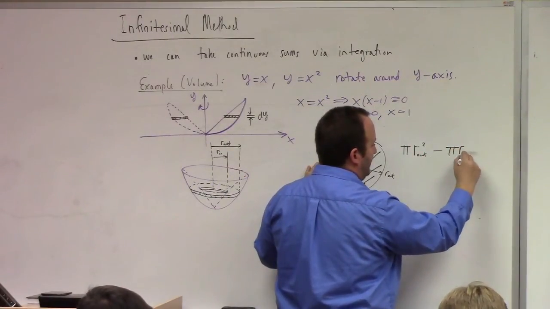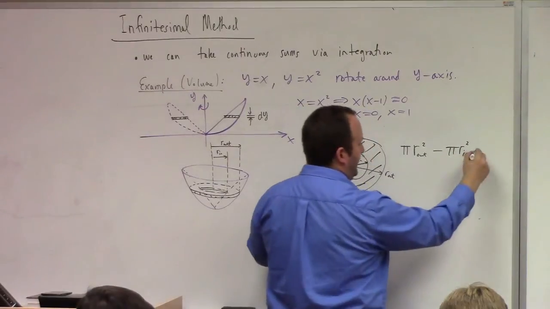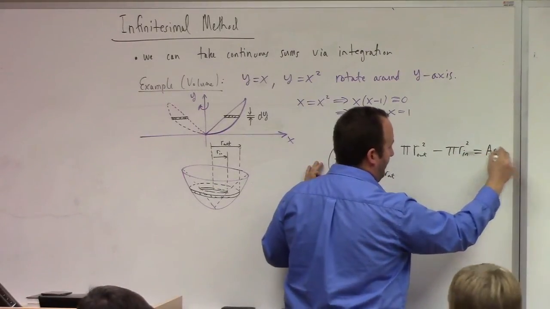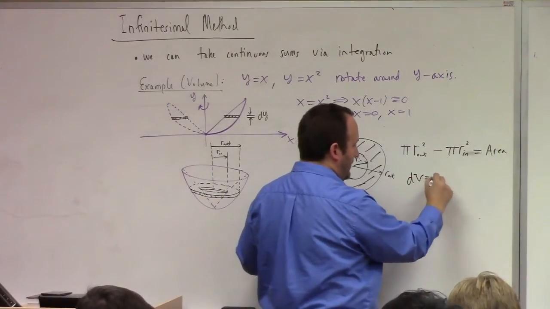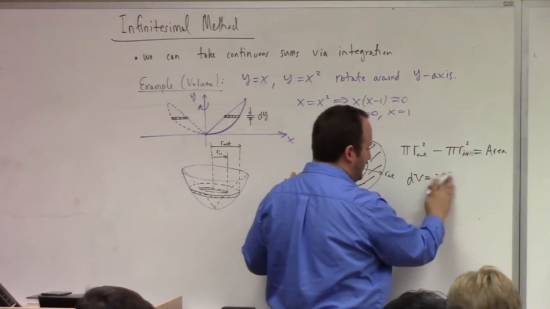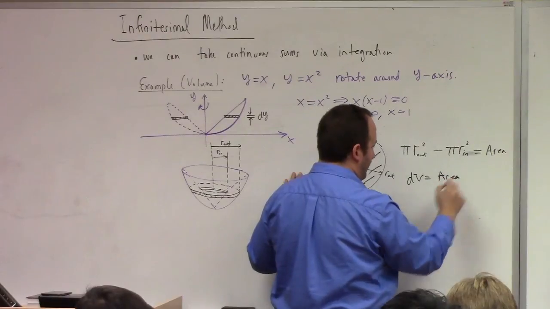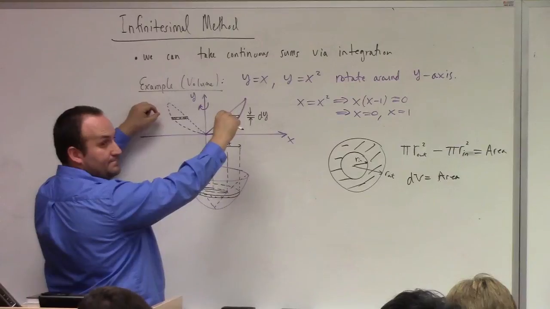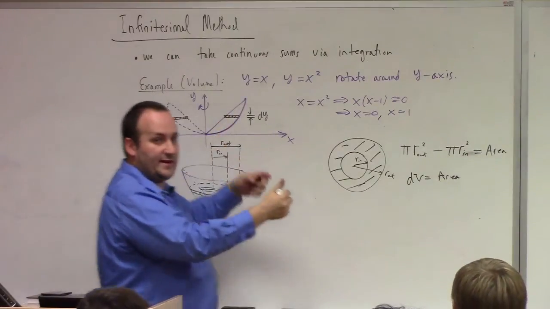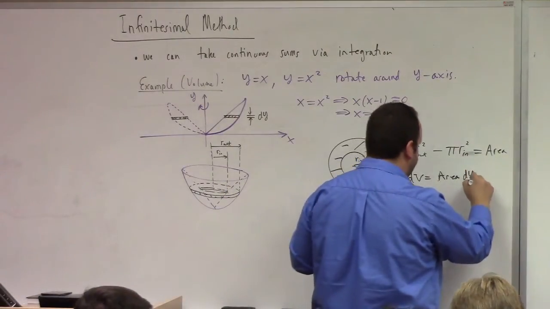So I take pi R out squared minus pi R in squared, and that gives me the area. But what's dV? It's the area times the thickness. The thickness is dy, so area times dy gives me a little bit of volume.